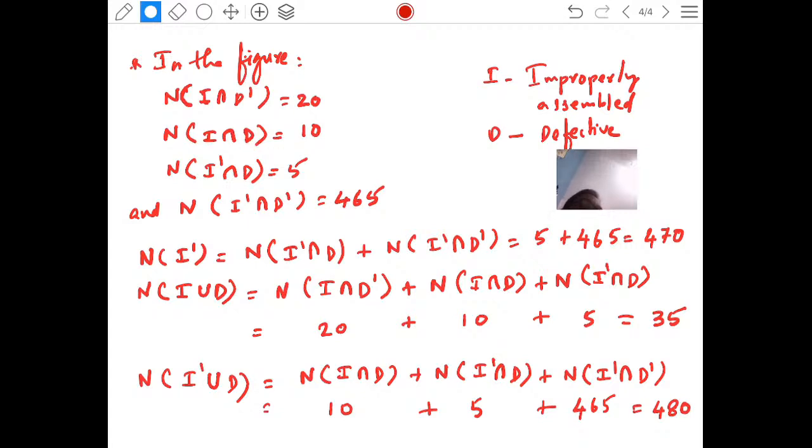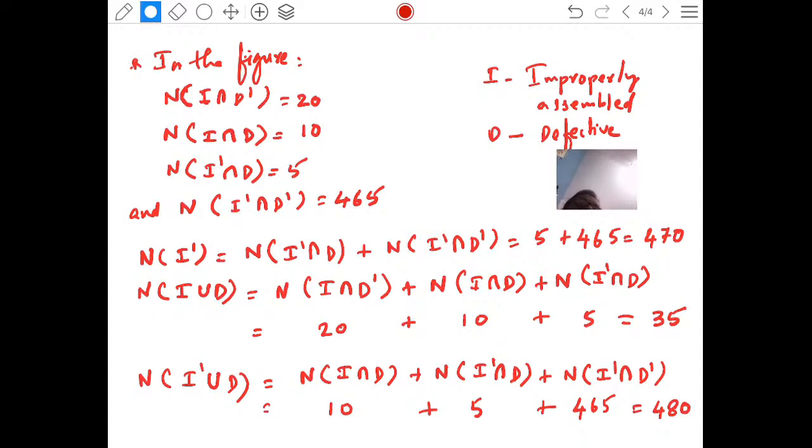Then next one is n of I complement intersection D, because we have I complement here. So you take the case of I complement here, one case, the second case is this one. So we have taken n of I complement intersection D and n of I complement intersection D complement. So all the cases where we have D, and all the cases where we have I complement.